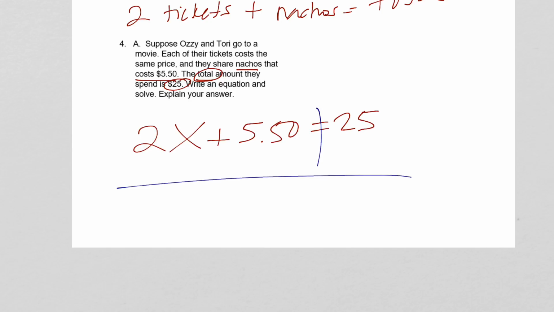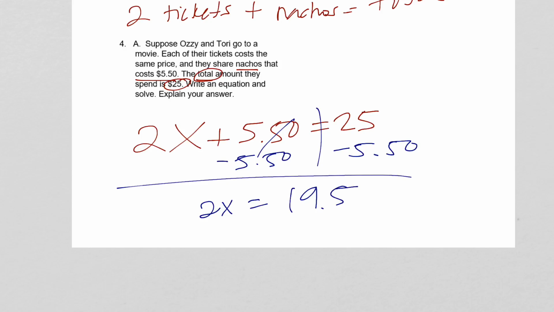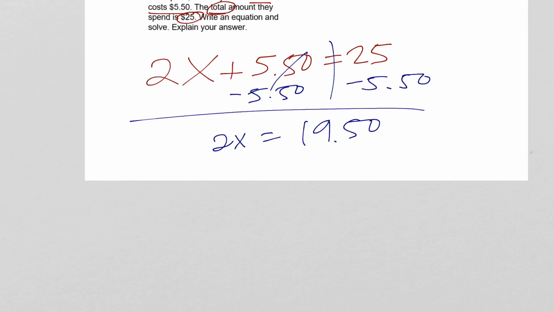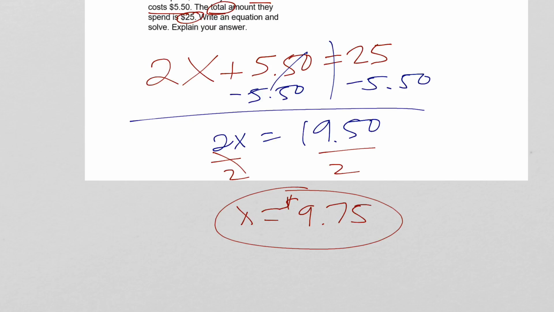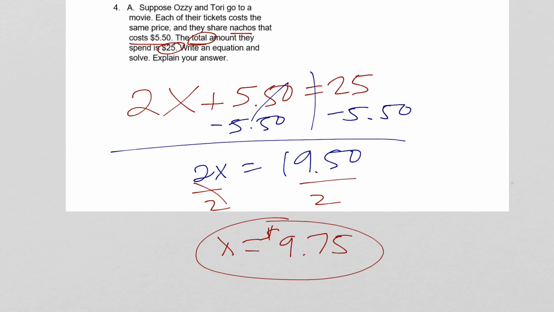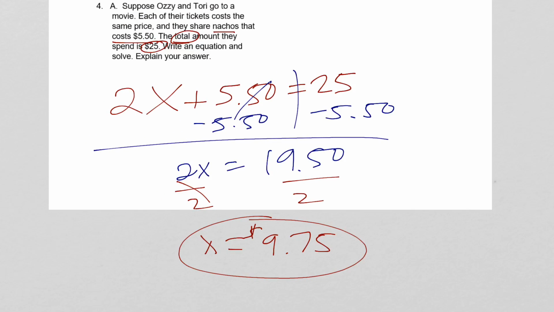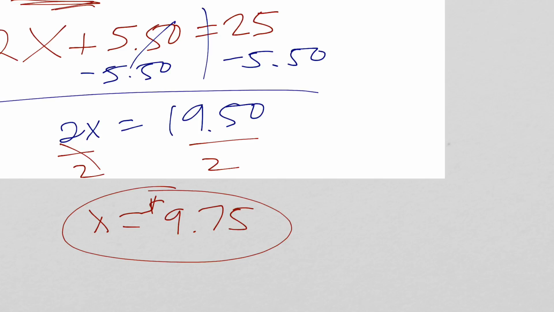The opposite of adding 5.50 is to subtract 5.50. So $25 minus $5.50 will give you $19.50. This is what 2 tickets cost. So now when you divide both sides by 2, you're going to end up getting $9.75 per ticket. Each movie ticket, you need to explain your answer: each movie ticket costs $9.75.